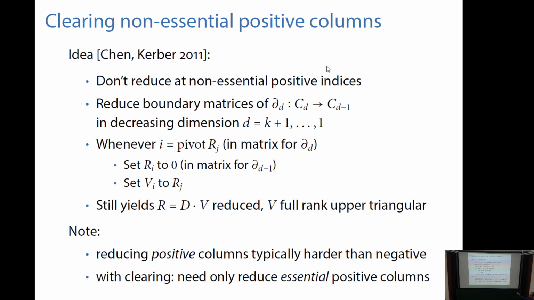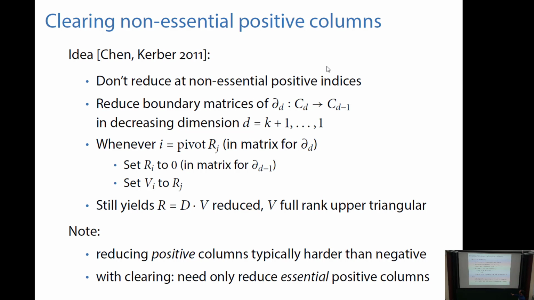And one thing to point out why this is so helpful is that the kind of computations that we avoided here are typically much more demanding than the ones that we're left with. The positive non-essential ones take a lot of time to reduce. You reduce them all the way to 0, while the negative ones are often even already reduced, and often they just take a couple of steps.